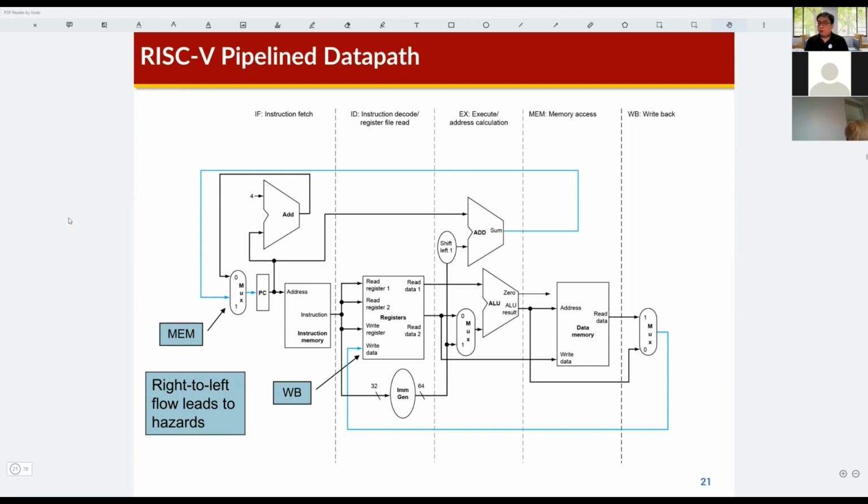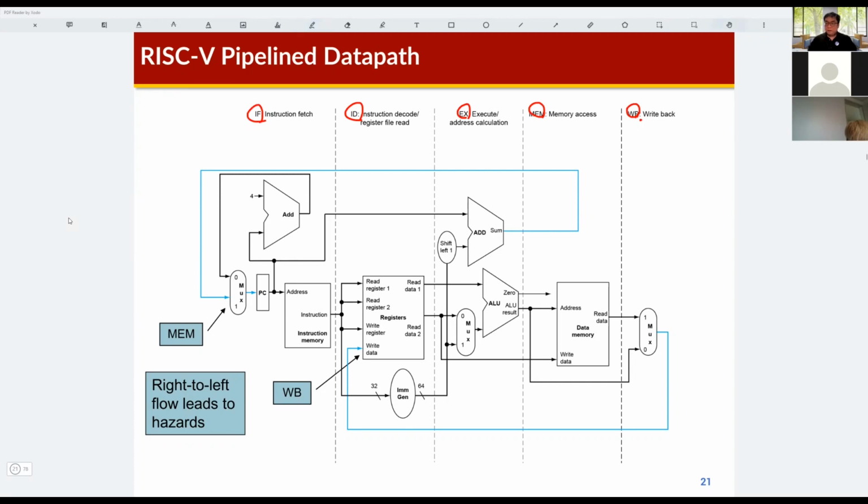When you learned about the pipeline architecture, we divided the required stages. When an instruction is executed by the processor, there are 5 stages, right? Instruction fetch, instruction decoding, execution, memory, and write back.